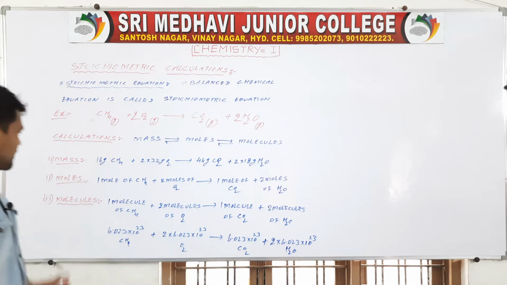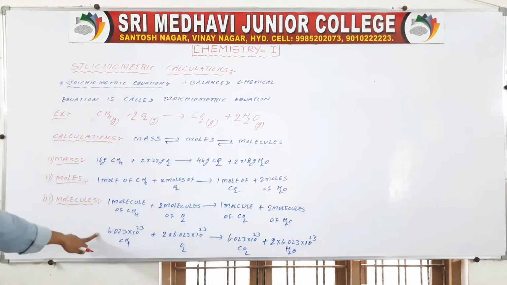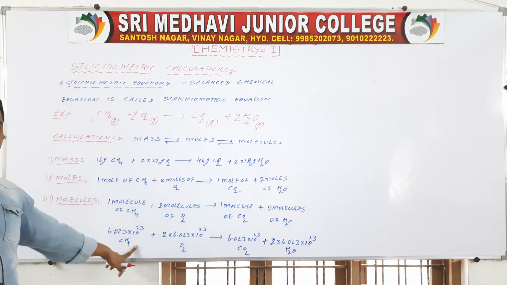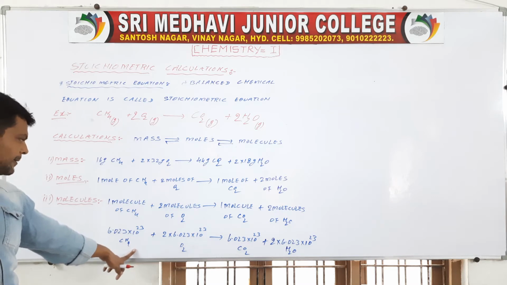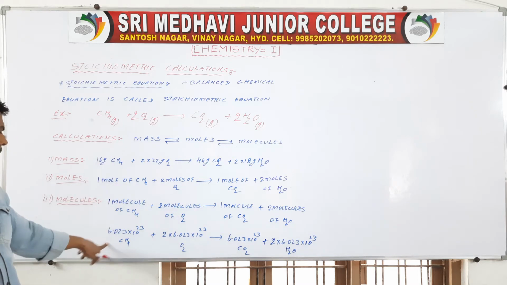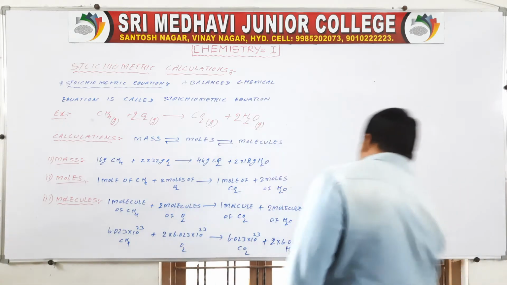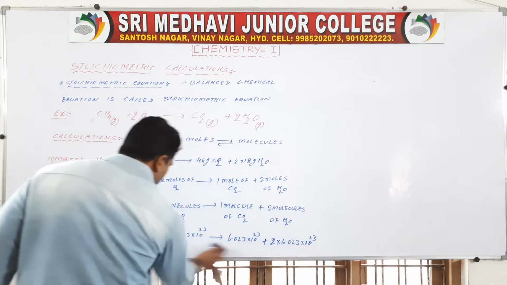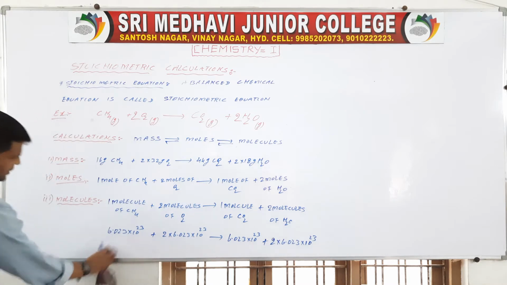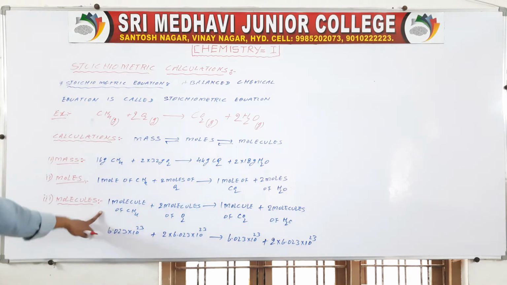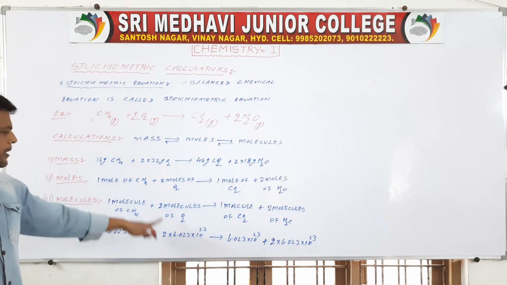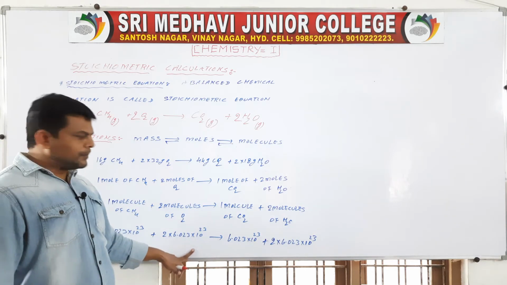So CH4 contains 6.023 into 10 power 23 particles. 1 mole contains Avogadro number of particles, 2 moles contain 2 into Avogadro number.